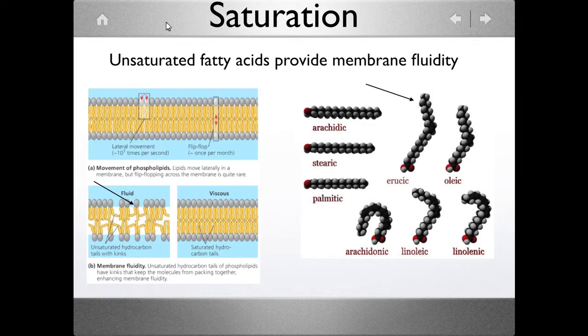That enhances membrane fluidity. In contrast, if you look here at saturated, you're able to keep the molecules packing close together, which makes it more viscous and not as fluid. So the fluidity of your membrane is going to be important for things like transport of various nutrients, insulin sensitivity, etc.